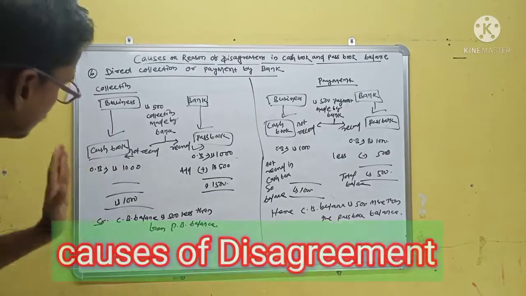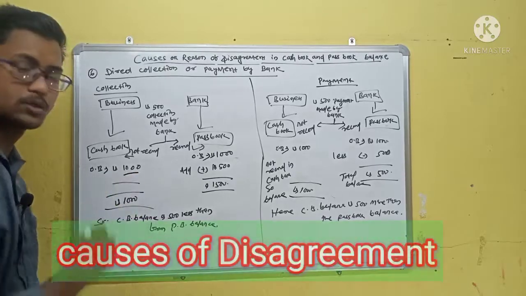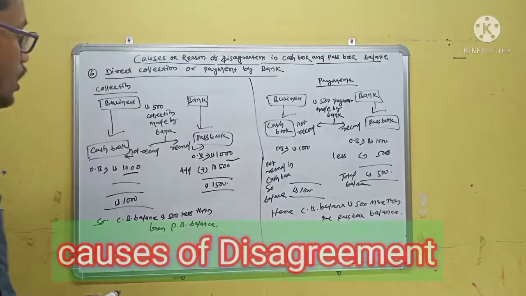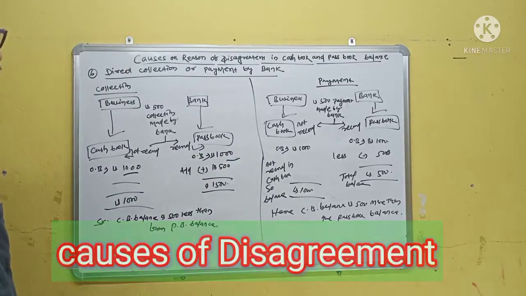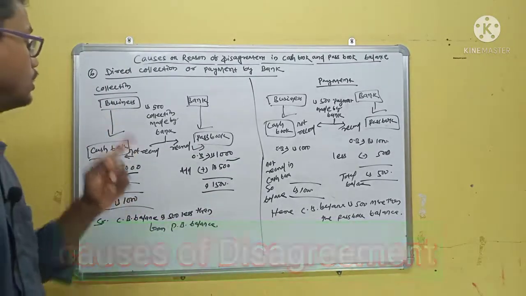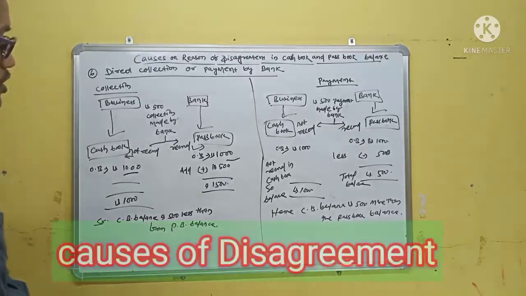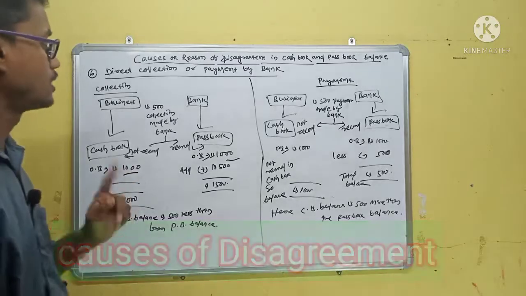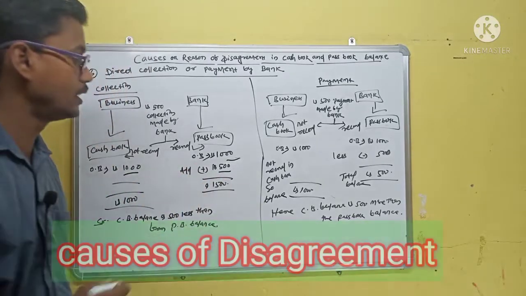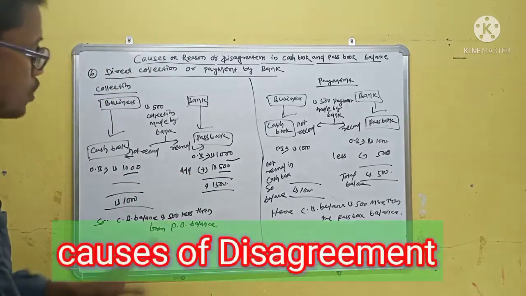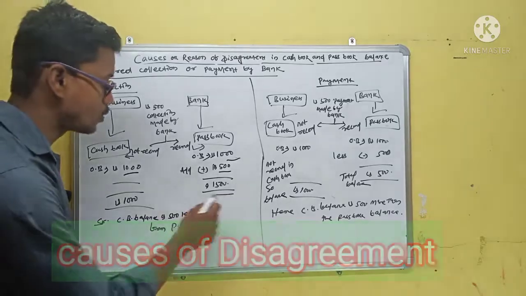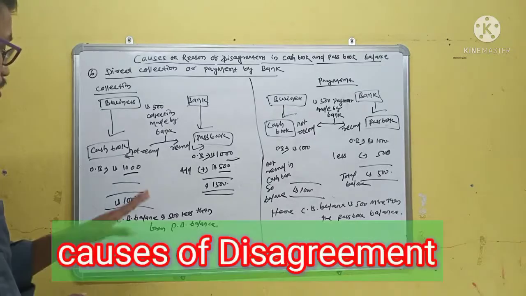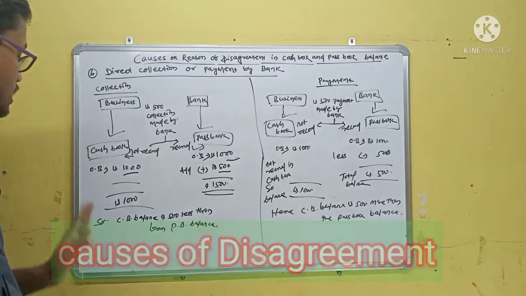Suppose the opening balance of the cash book is rupees 1000 and the opening balance of the passbook is rupees 1000. When collection is made by the bank, such amount is added in the passbook. So the bank adds this amount rupees 500 in the opening balance, and the total balance of the passbook is rupees 1500, and such amount is not recorded in the cash book.